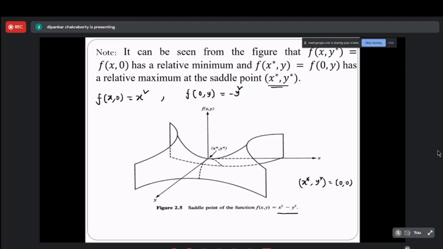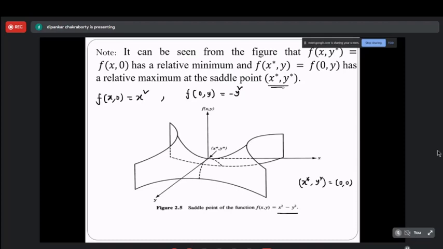And when you consider f of x star, y, that is f of 0y, that will always give you the relative maximum for any saddle point x star, y star. So the characteristic of a saddle point is that it corresponds to a relative maximum or minimum of f of x, y with respect to one variable only.